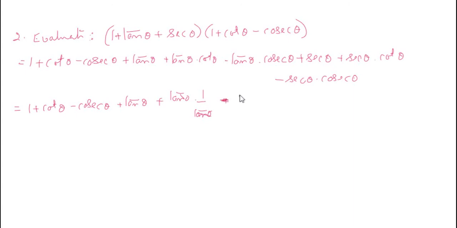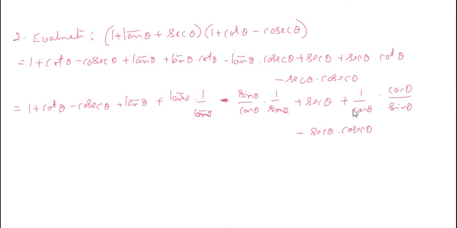Tan theta is sin theta by cos theta into cosec theta is 1 by sin theta. So sin theta cancels here, plus sec theta plus sec theta into cot theta. Sec theta is 1 by cos theta into cot theta is cos theta by sin theta, minus secant theta into cosecant theta.